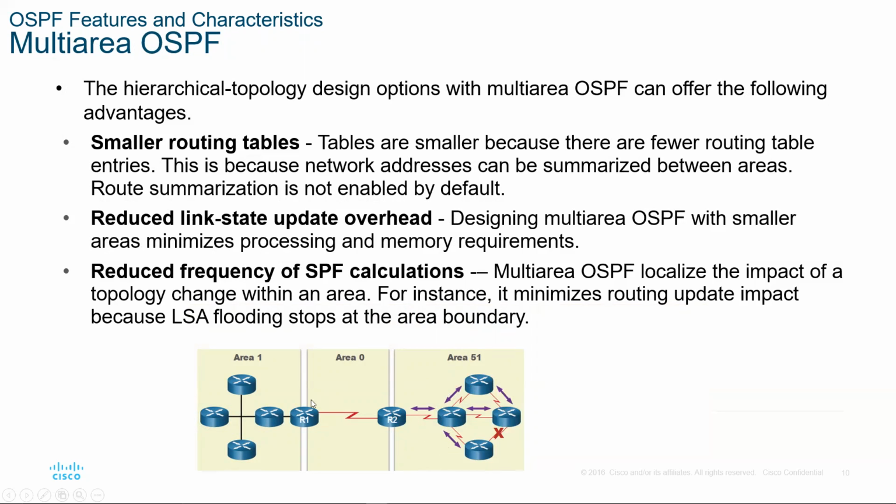So area 0 and area 1 aren't impacted by that, because router 2 will only update area 0 if the summary addresses change, which is not necessarily the case.